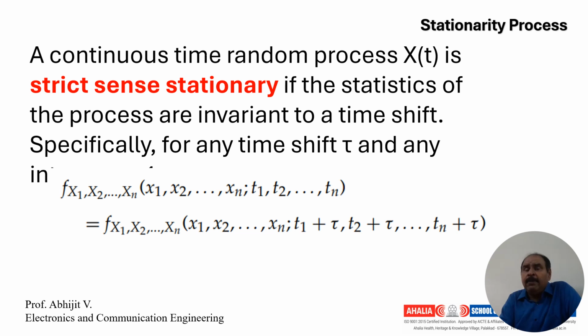If you add a time shift tau to these time instants, you should not find any change in the distribution function. This kind of stochastic process is called a strict sense stationary process.